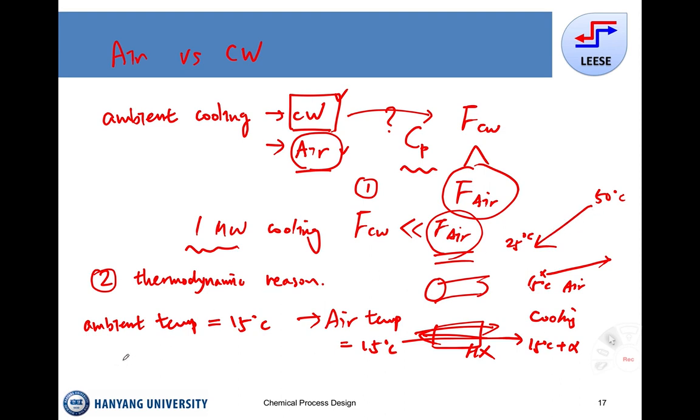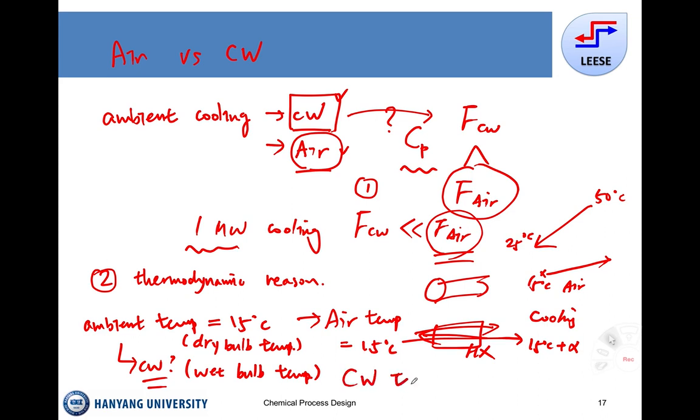What about the cooling water? The ambient temperature is known as the dry bulb temperature, okay? Cooling water is typically governed by the wet bulb temperature. So the cooling water temperature is lower than 15 degrees C because the wet bulb temperature is lower than the dry bulb temperature.